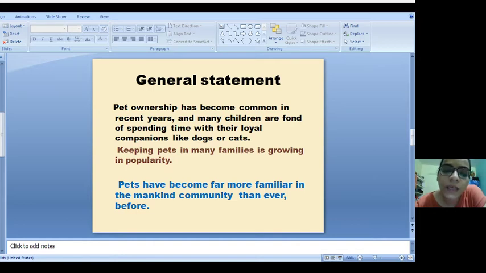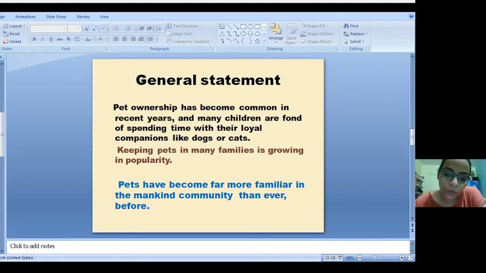Yet another way: pets have become far more familiar in the human community than ever before. So, out of three ways, and even you can include your own ways of introducing your topic in the writing task while giving the general statement, it should be very effective and easily understood.